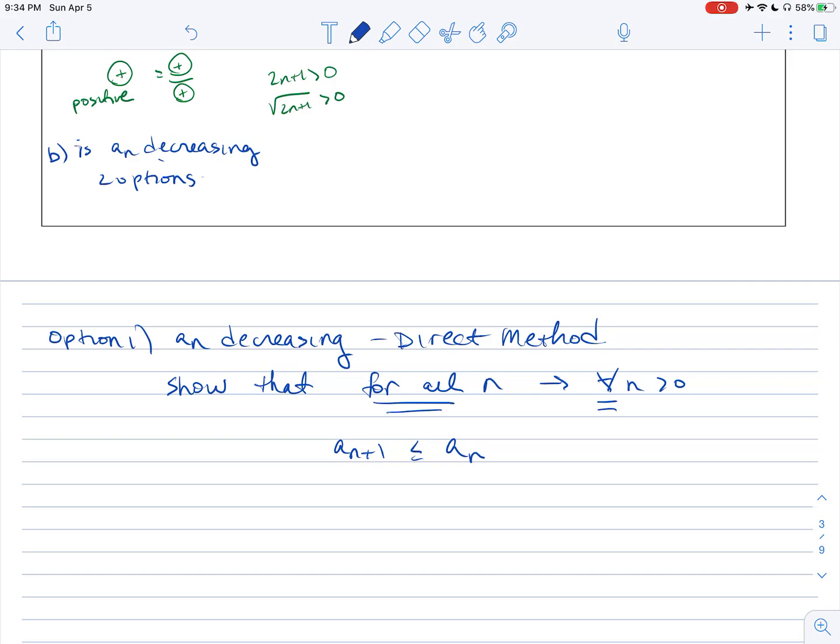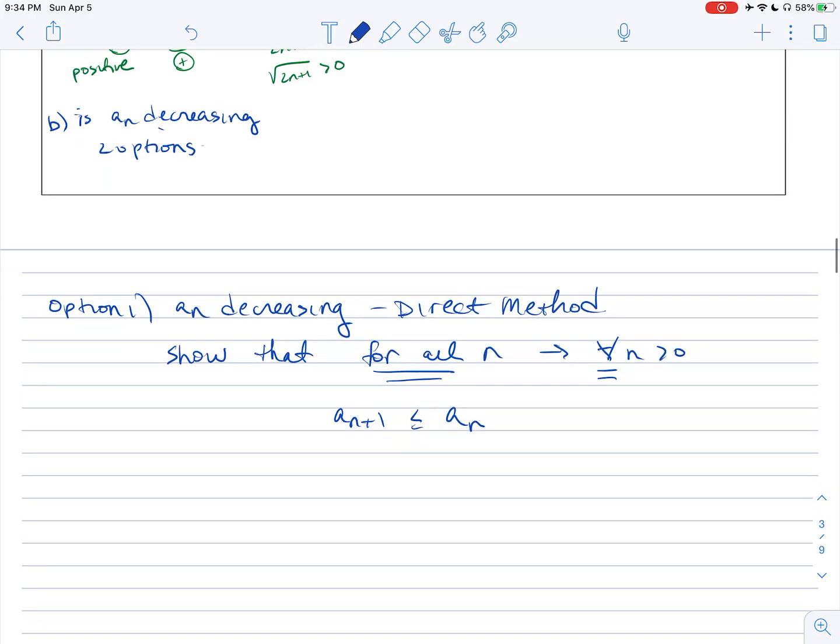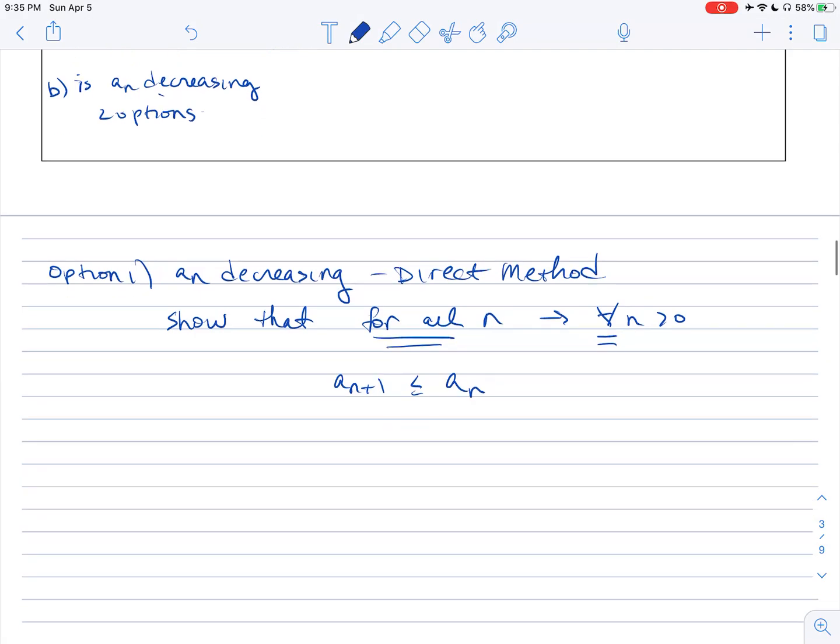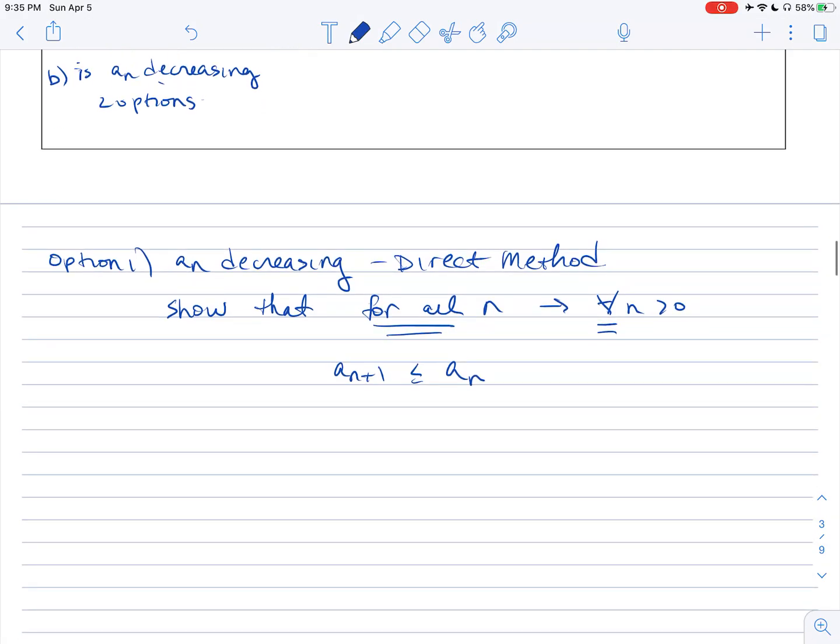Because that will say that the very next one is smaller than the previous one. And so sometimes that's easy to show by knowing that the bigger the denominator, the smaller the number, especially provided that the numerators are the same. So sometimes that's a very simple thing to do.